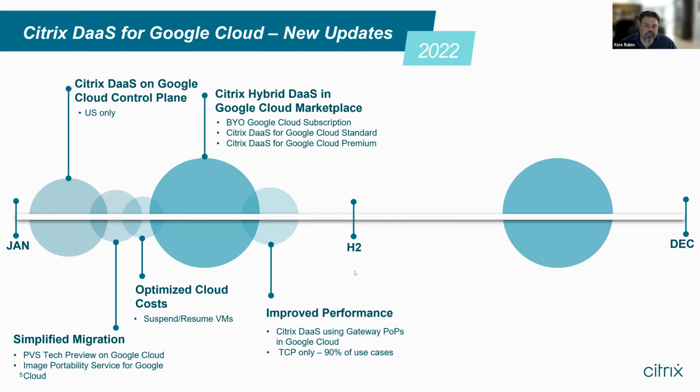So let's say you're running a desktop environment with 1,000 desktops on Google Cloud. We can set up policies that say, after a user is disconnected for 30 minutes, let's suspend that VM. Or you can say, during the peak day, the 8-hour period when the users are online, that VM should always be up and running.